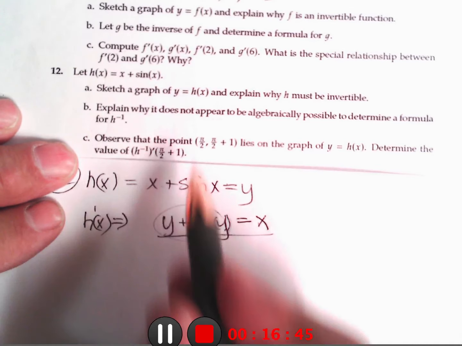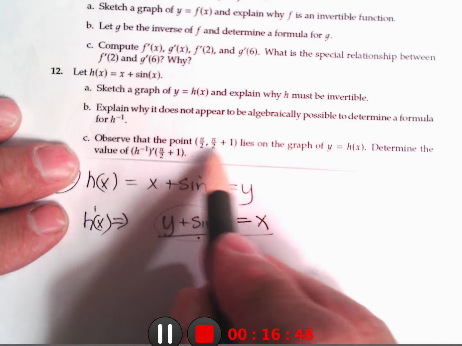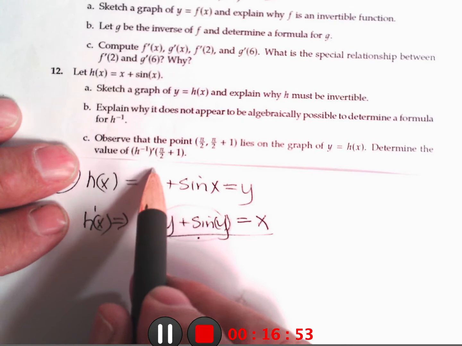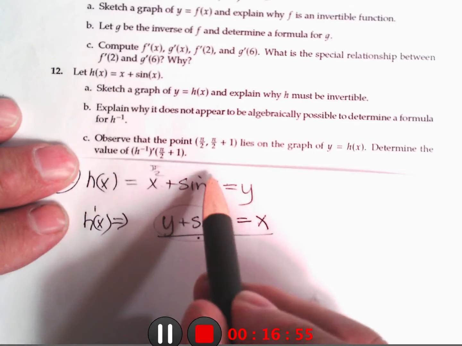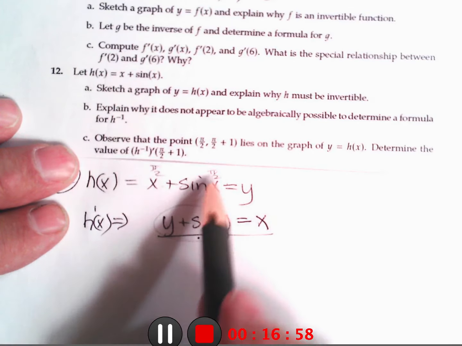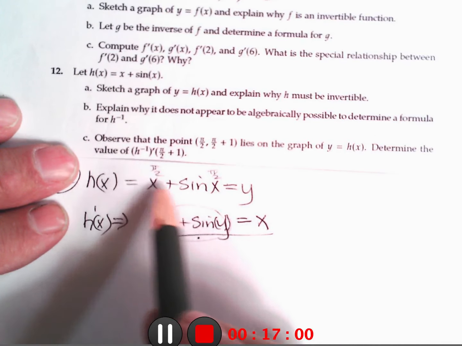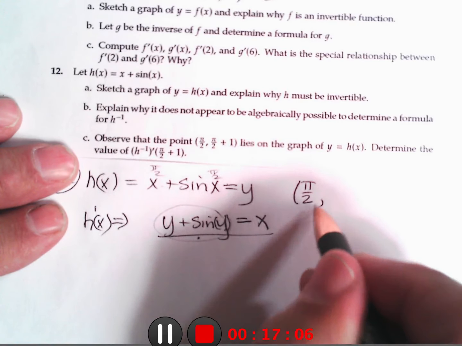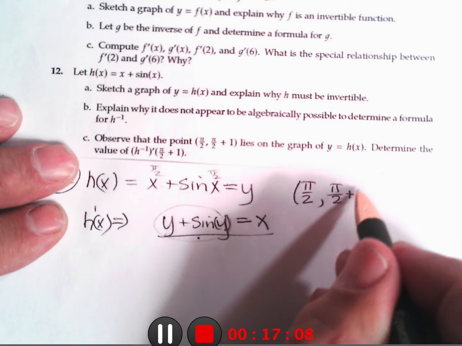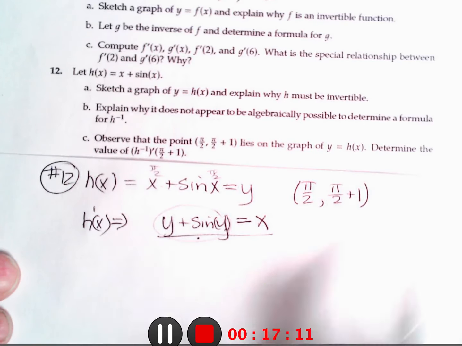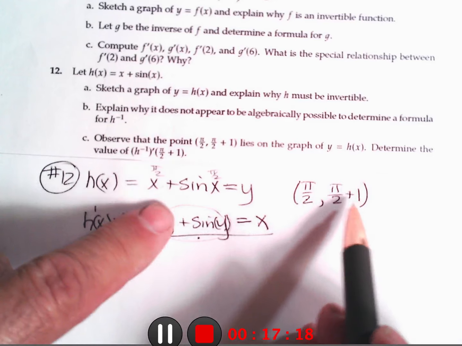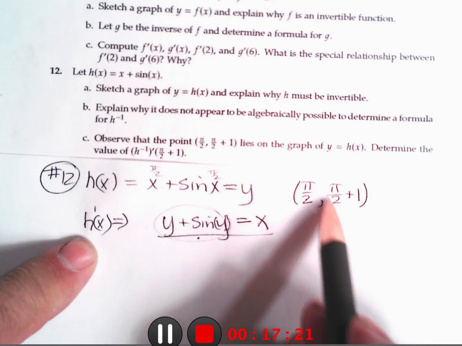So they say, observe that pi over 2 gives you pi over 2 plus 1. Well, if we put pi over 2 in for the x's, sine of pi over 2 is 1, and so we get pi over 2 plus 1. So the slope at pi over 2 for h will be the reciprocal of the slope of the inverse at pi over 2 plus 1.